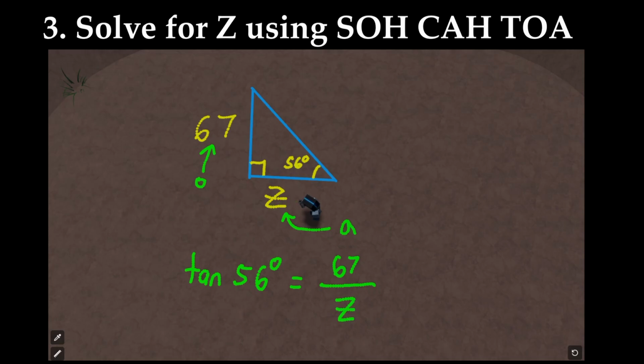Now to solve for z, let's multiply by z on both sides. That'll cancel out the z in the denominator, and I'm going to be left with 67 is equal to z times tangent of 56. Now, just divide by tangent of 56 on both sides to isolate that z.